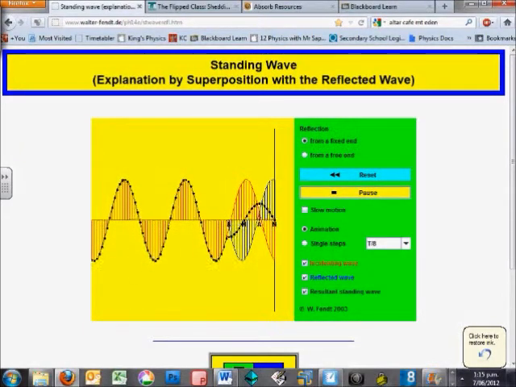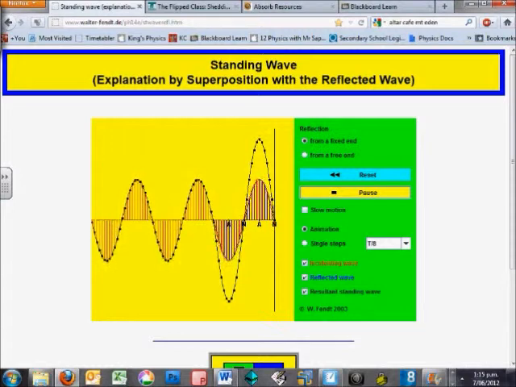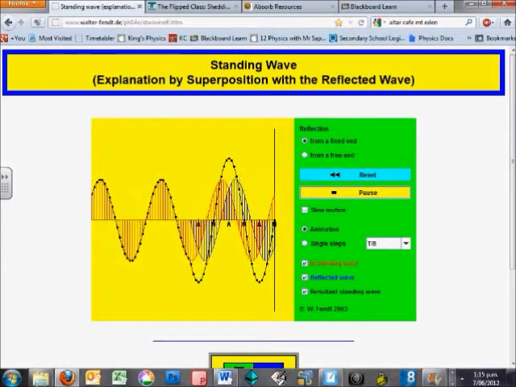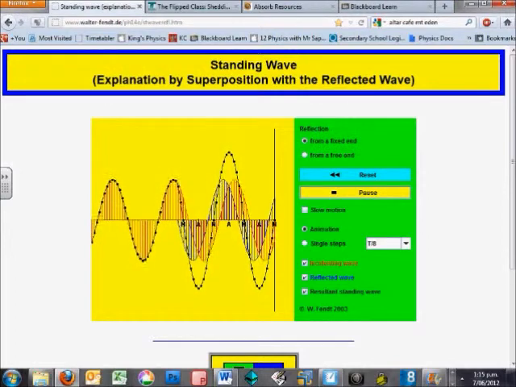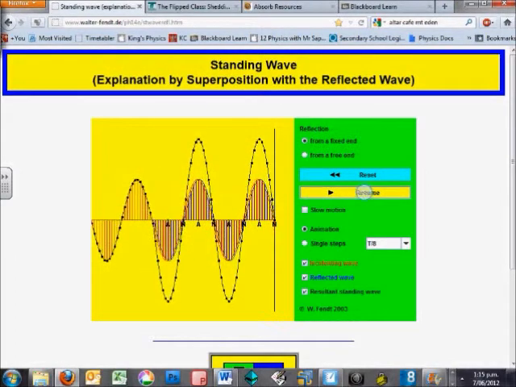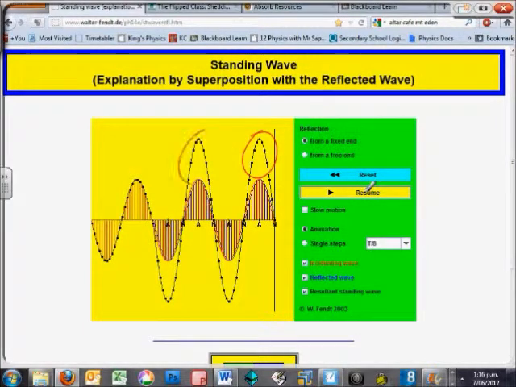And you'll see that as the blue reflected wave moves from right to left, it starts to interfere with the red incoming wave. And what do we see? We see being produced effectively now a stationary wave. We've got points here that are nodes.